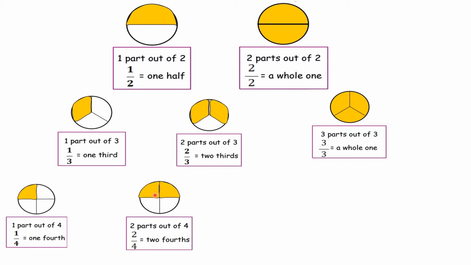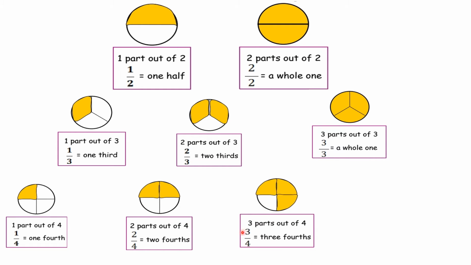And if I color the two parts out of 4, it means that I have 2/4. 2/4 means two parts colored out of 4 parts. And look here, I divided into 4 parts and I colored 1, 2, 3. So I have 3 parts colored out of 4. So it's called 3/4.